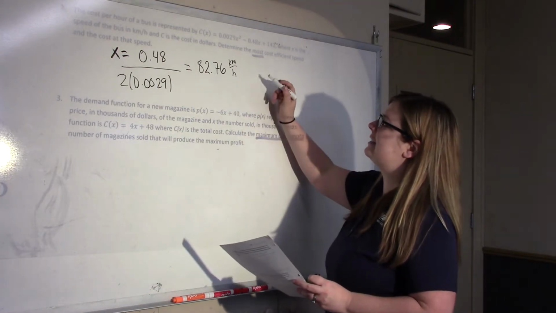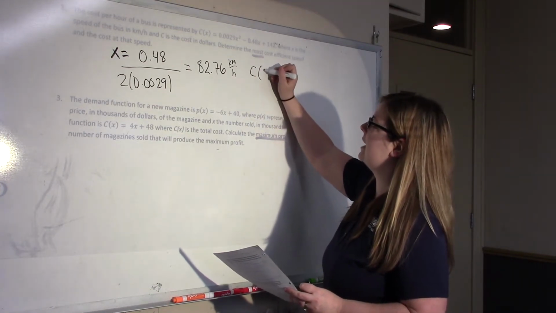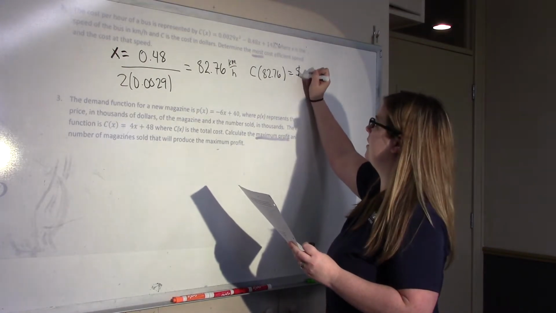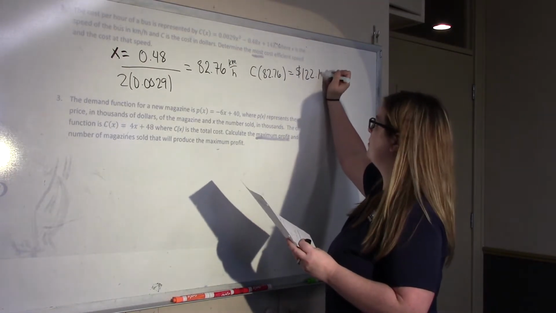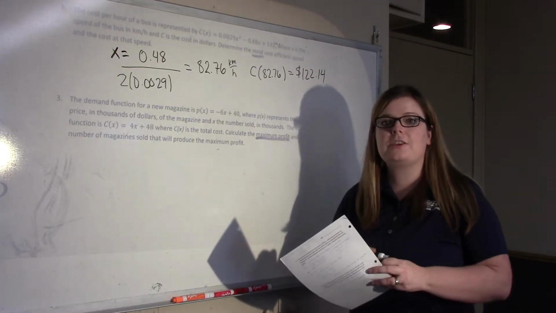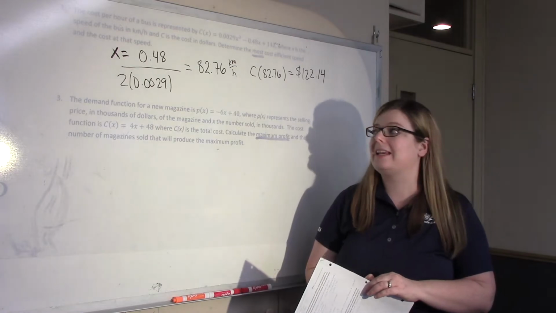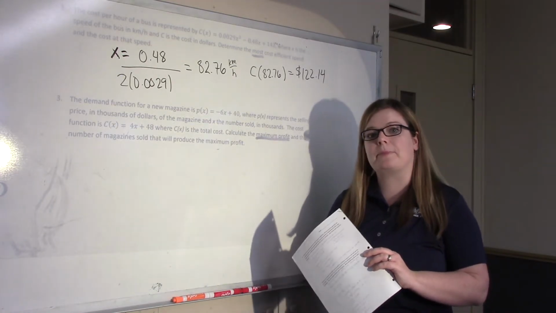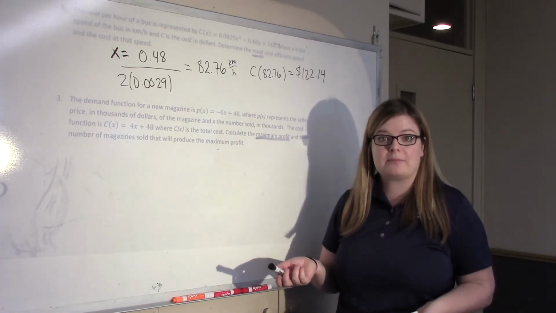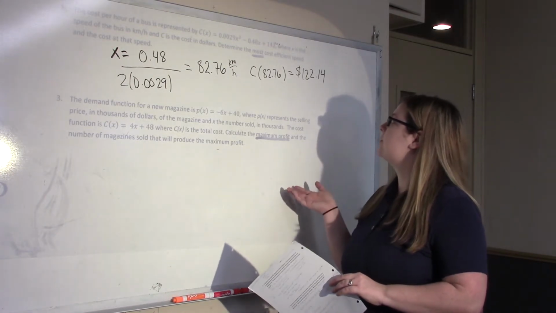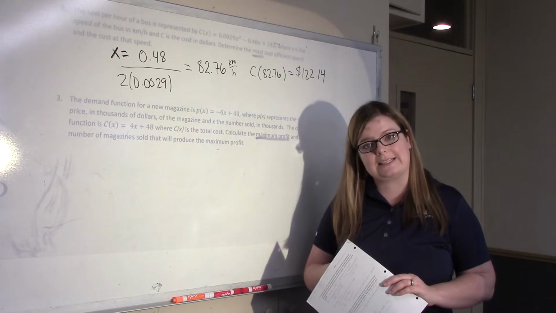Then you put that into the cost function, so cost at 82.76 gives you 122.14. So you put a nice little sentence saying that the most cost-efficient speed is 82.76 kilometers per hour, or you could say approximately 83 kilometers per hour, and the cost of that speed is $122.14.